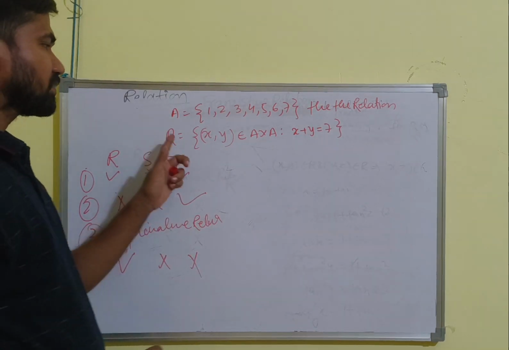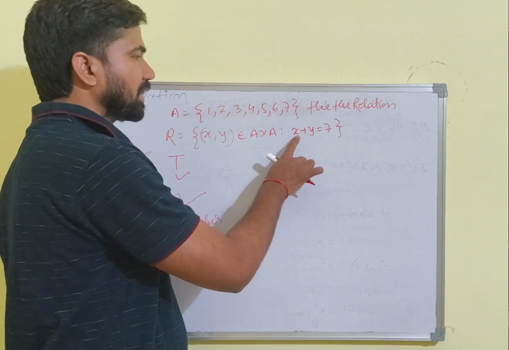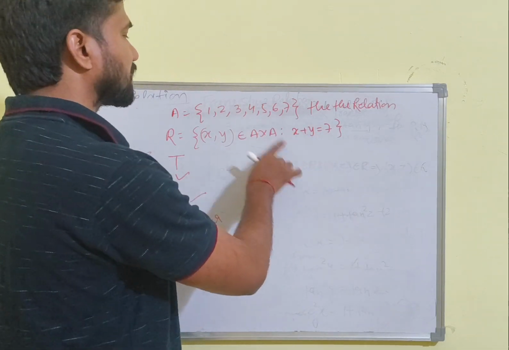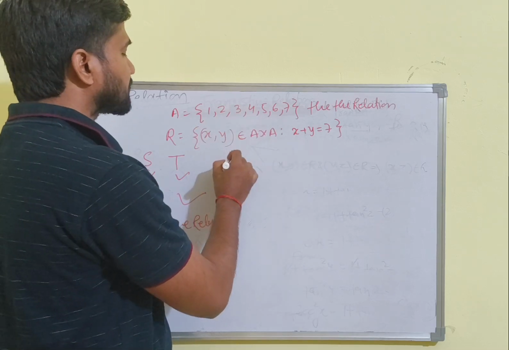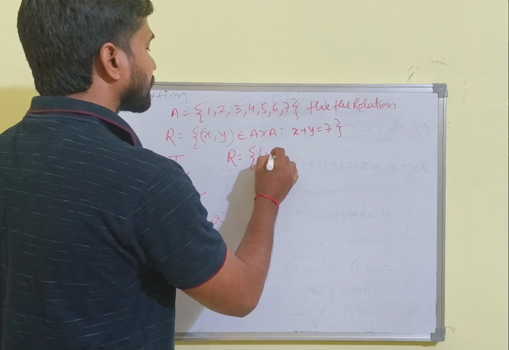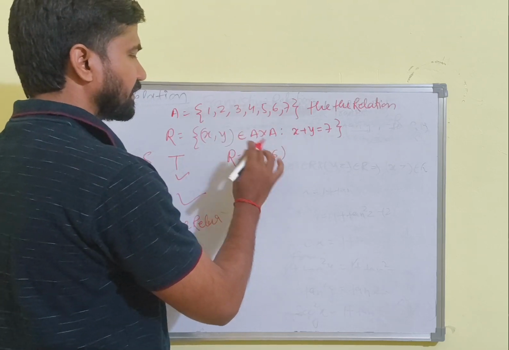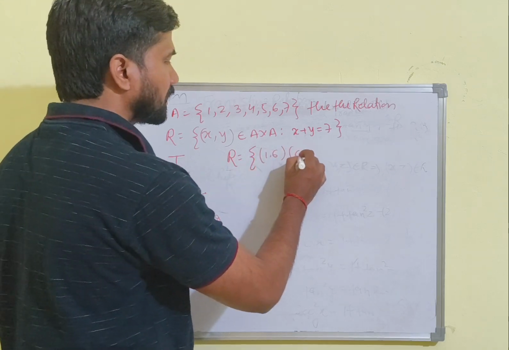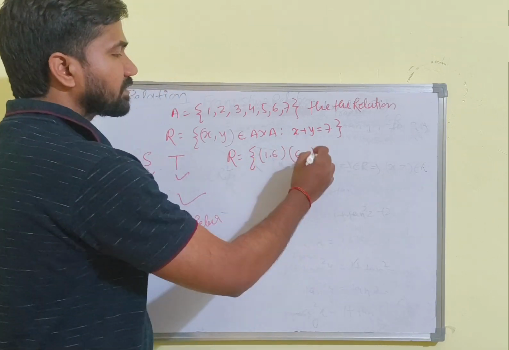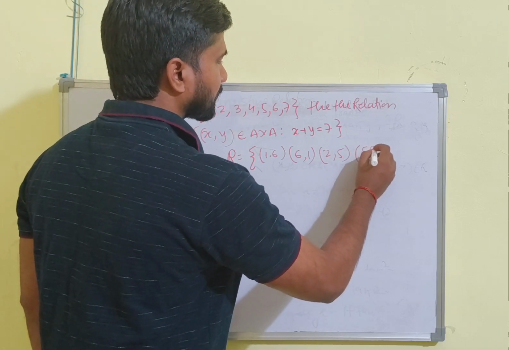Let's check it. First, what we have to find is the relation R, the ordered pairs where x plus y becomes 7. So let's write R. 1 will come: 1 plus 6 you can write, because 1 plus 6 is 7. So the reverse is also possible, 6 comma 1. Next, what can we write? 2 comma 5, 5 comma 2.